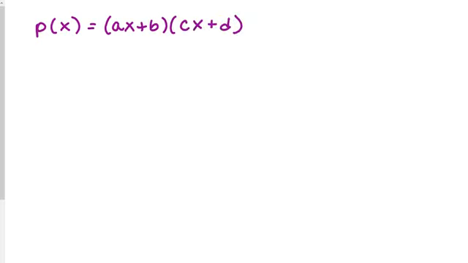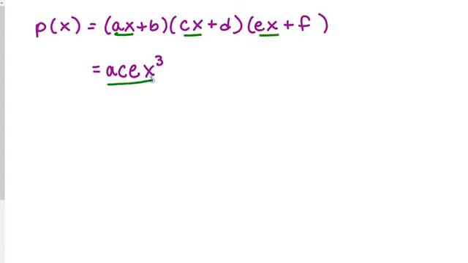Now we can explore this a little bit more. So let's say that I had some polynomial p of x, and it factored into these factors: ax plus b times cx plus d times ex plus f. Would you agree that if you were going to multiply those three factors together, your first term would be ace x cubed from multiplying ax, cx, ex together.